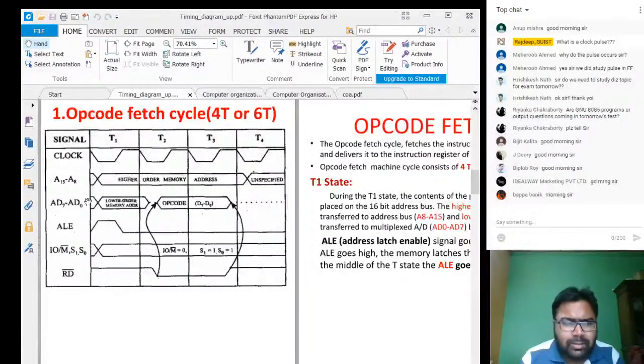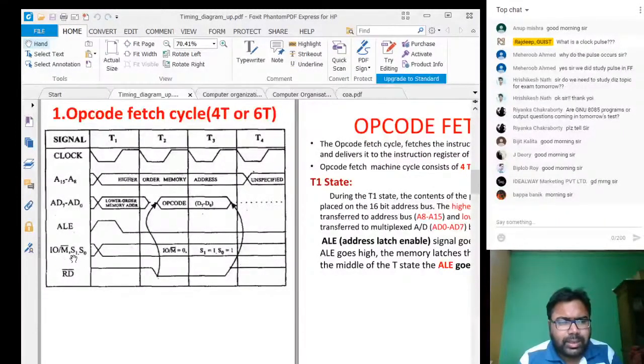Because it is a multiplexed bus, you are specifying the address here, so this line is activated. Next, we have the signal IO/M, which is also activated. Some status signals are getting activated.